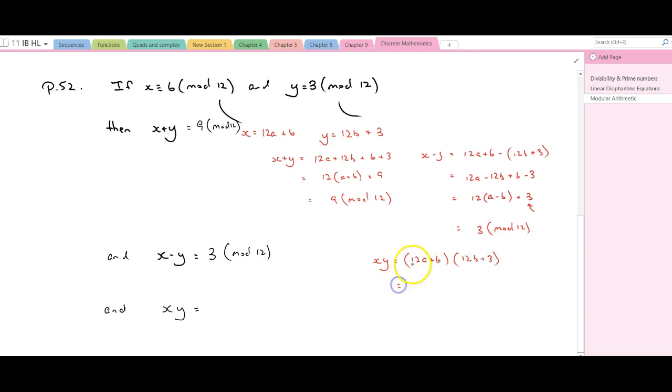Well, that's equal to 12 by 12, so 144ab, and now 12 times 3, 36a, plus 6 times 12, 72b, all multiples of 12, plus 18.